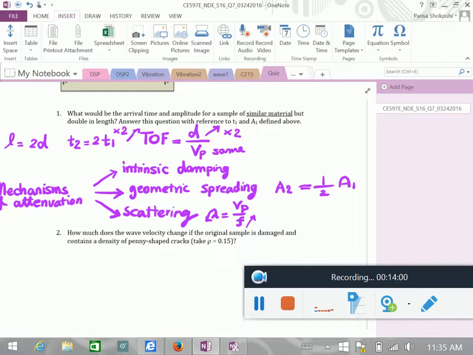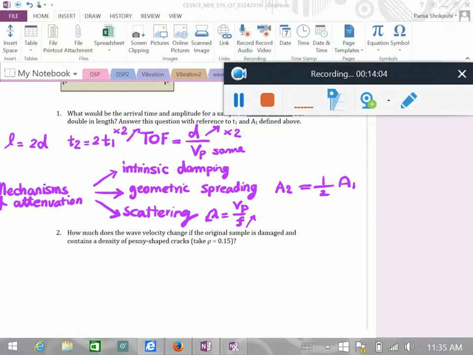Now the last thing we talked about last time was what happens if you have a material which has a population of cracks inside. How does it affect wave velocity? I formulated this into a second part of this quiz that I want us to do right now together.